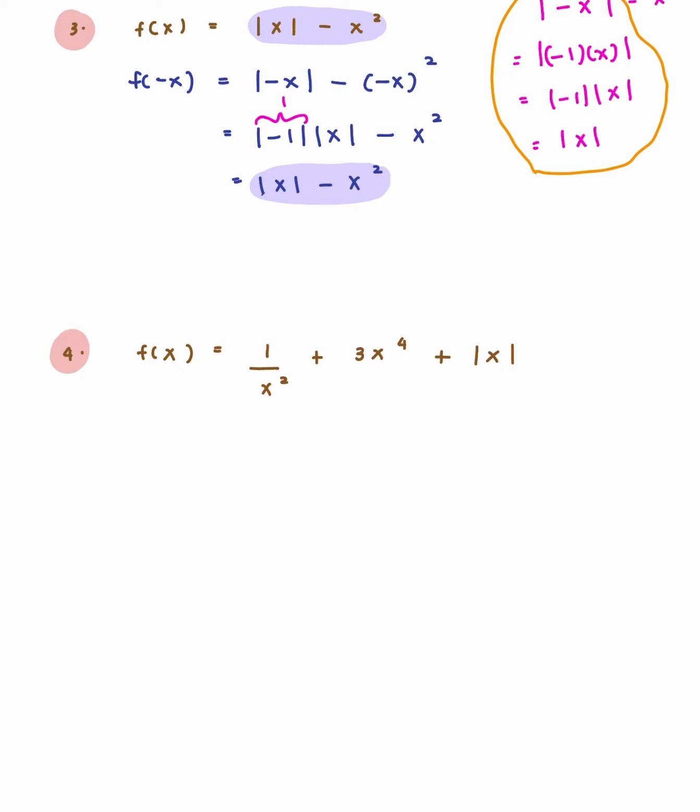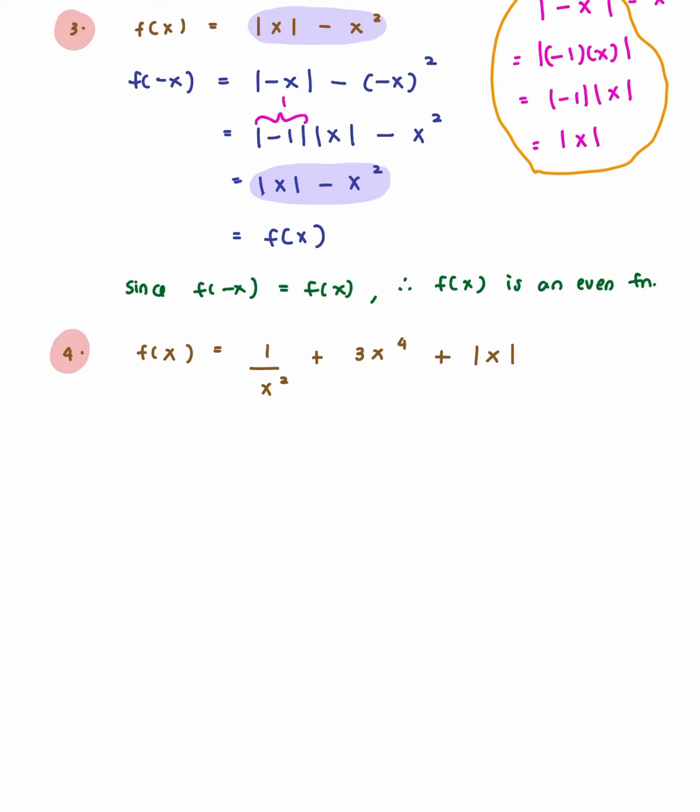So exactly the same. So this is actually equal to the given function from the question. So how can you conclude? Same as number 1 just now. Since f negative x is equal to fx, hence the function fx is an even function.